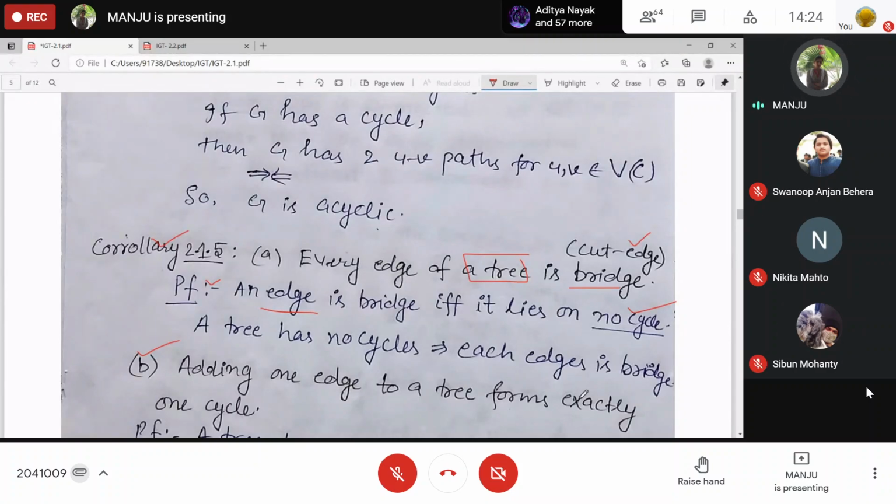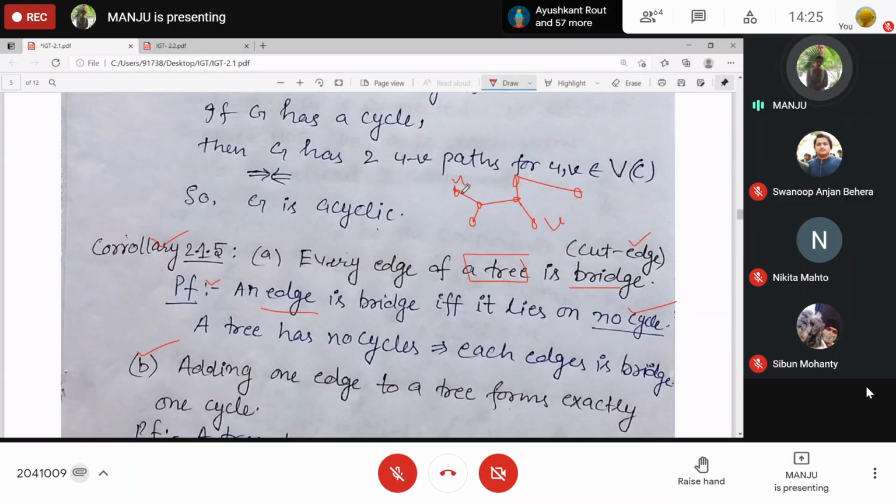How to explain this one? Every two vertices, whether it is this one or this one or this one, they have a unique path. Clear? Every two vertices, u and v, you can just say. So by adding one edge will create just one cycle. Clear? You are adding exactly one edge, this cycle.